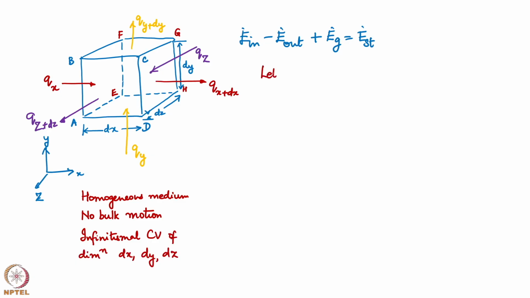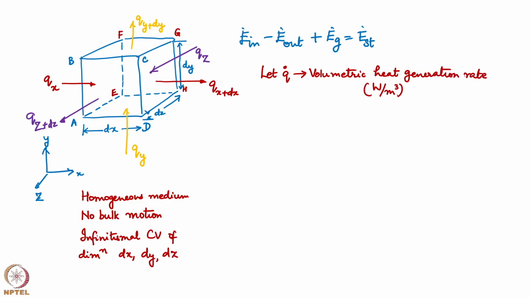Let q dot be the volumetric heat generation rate, that means how much energy is generated per unit volume.